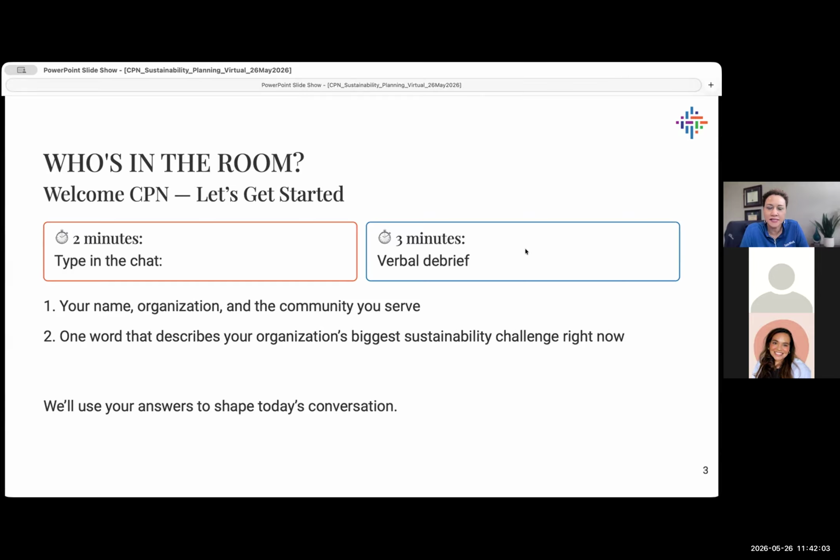Anything you want to add to that, Chris? All right, we've got Thomas Cotton, Redemption and Advance Alliance, Gang Redevelopment, and sustainability challenge is funding. Okay, consistent theme here. We've got Beverly from Community Connector in Nashville, Tennessee. Beverly, what's your sustainability challenge? Do you want to share? Or are you still working on it?